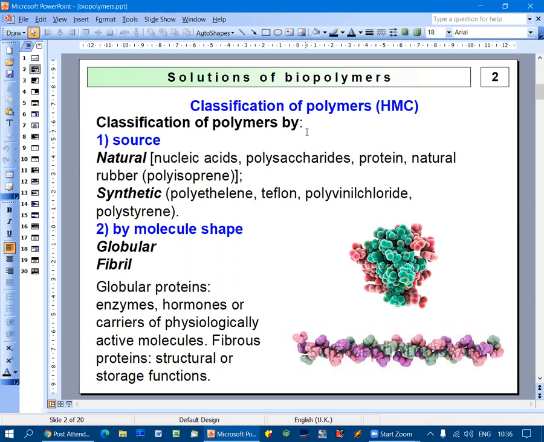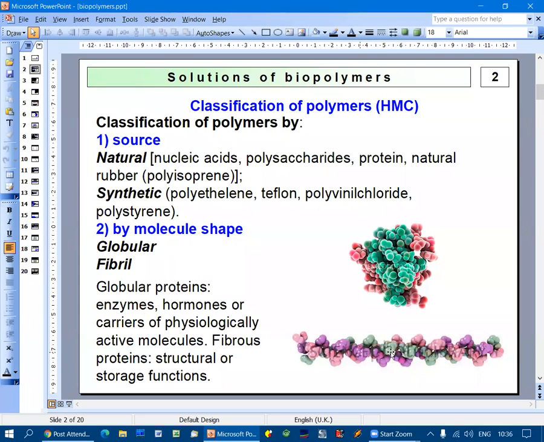Their chains are bent like this in space, in such a way that the macromolecule acquires a shape close to spherical. That's why they are globular. They are soluble in water. And, well, the examples are albumin, for example, egg white, globin, myoglobin, and so on.